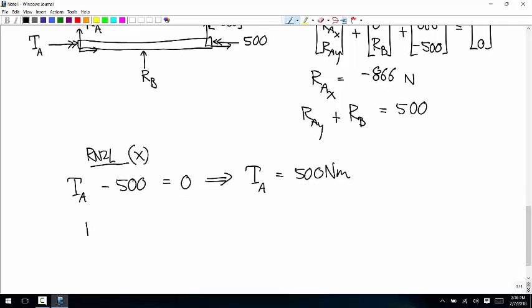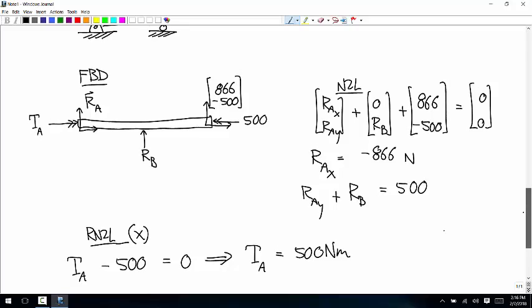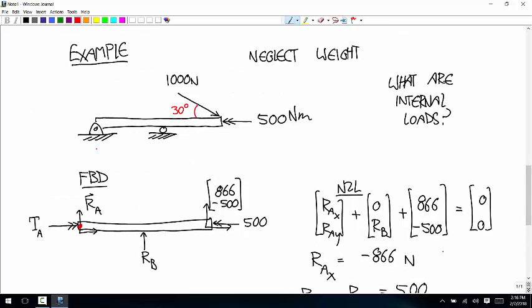And then we'll do the moment equation about the Z-axis. Let's put the about point here. So RA doesn't produce a Z moment about that point. Did I give lengths? Let's pretend I did. Let's call those each 1 meter.